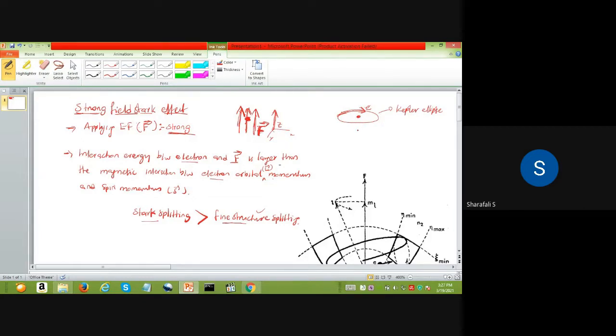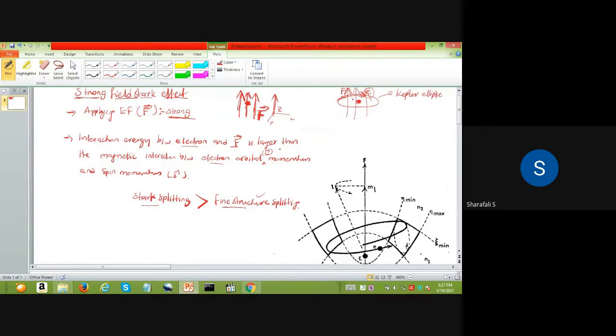But when you apply the electric field in the z direction, this is not the scenario, because the center position relative to the nucleus will be shifted by the force the field exerts on the electron, and that will change its orbit.